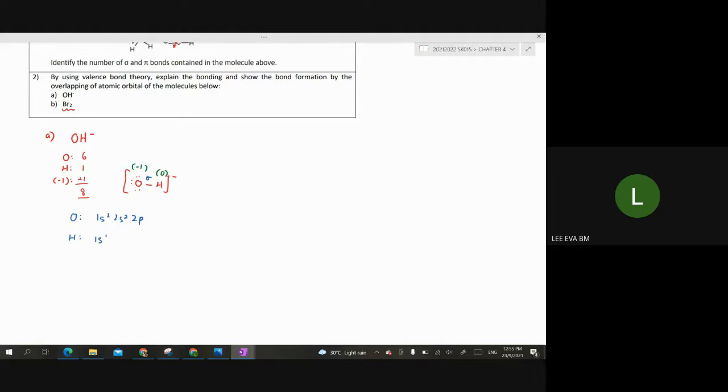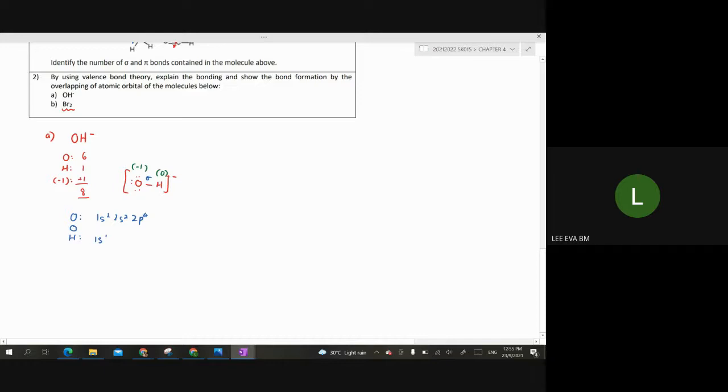Okay, so untuk oksigen memang dia 2p4, tapi kita bukan guna 2p4 ini original. Kita bukan guna oksigen sahaja untuk overlapping. Kita pakai O-. Sebenarnya yang overall charge ini terletak pada oksigen.